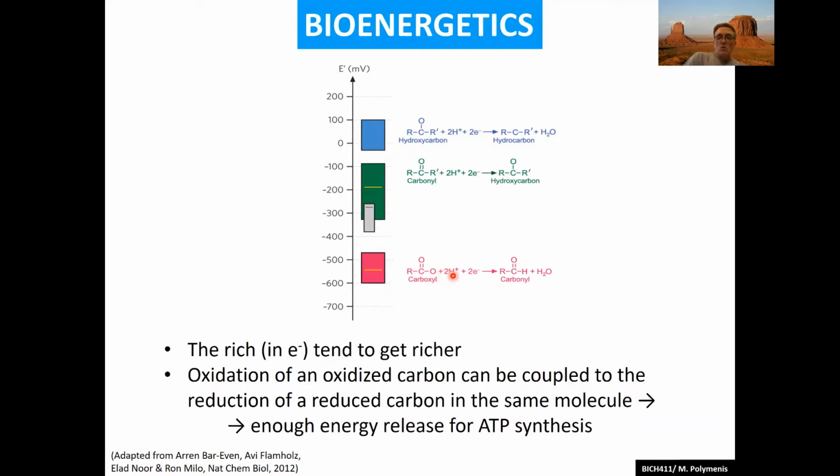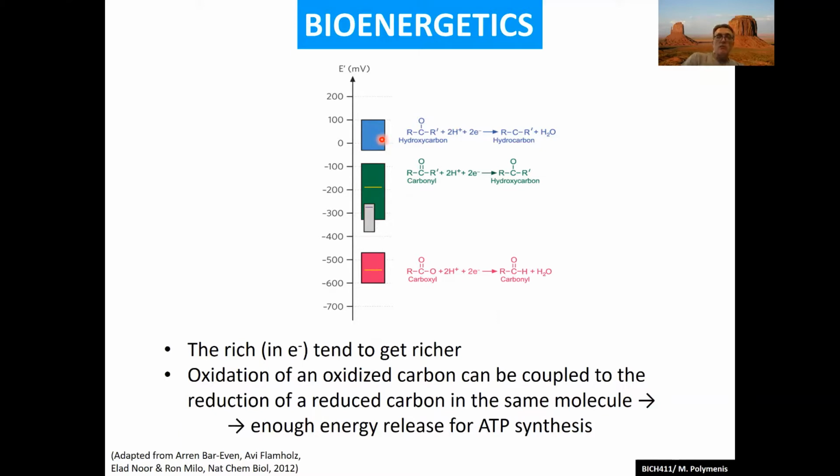If you want to reduce, let's say, a carboxyl carbon and make it a carbonyl carbon, and you try to couple it with an oxidation of any one of these things, it's not going to be thermodynamically favorable. So the easiest way to remember is that for favorable reactions, the rich tend to get richer. Now, you can make them happen if you spend energy in the form of ATP. But if you couple them right in the thermodynamically favorable reaction, to make ATP you need about a 250 millivolt change.